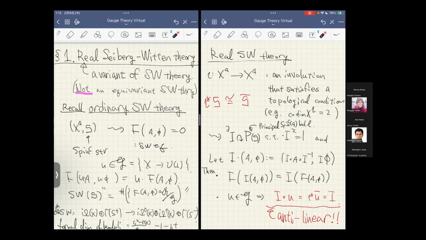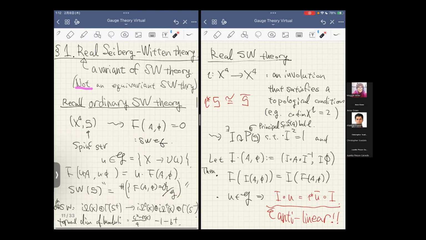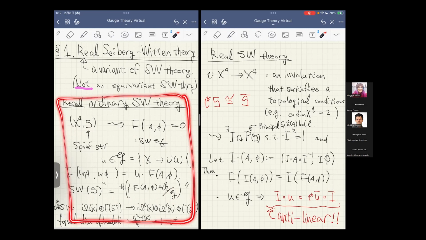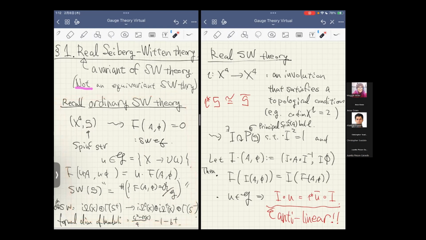If X is a closed oriented four-manifold and S is a spin-c structure, we have the Seiberg-Witten equations, and the Seiberg-Witten invariant is given by the signed count of the solutions up to gauge transformation. So this is a picture of ordinary Seiberg-Witten theory.